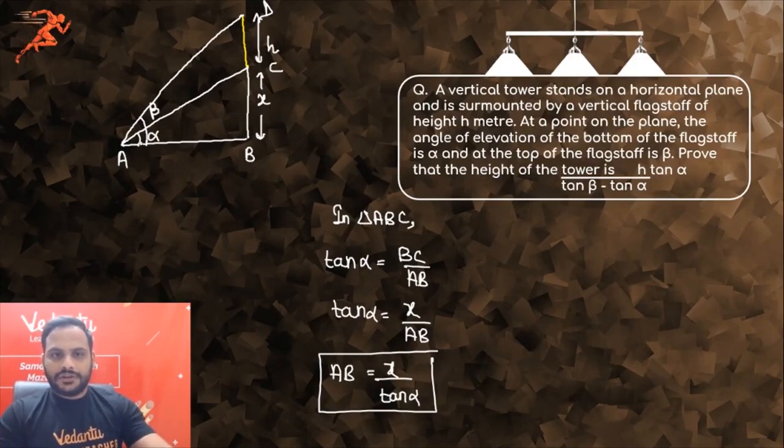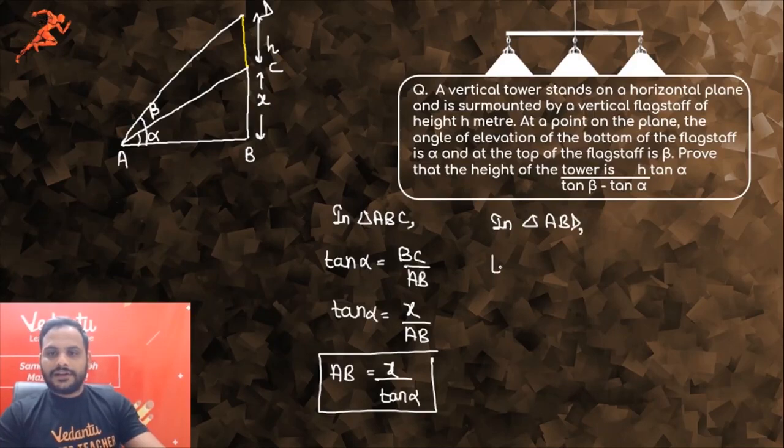Then if I talk about the triangle ABD, in triangle ABD, tan beta will be equal to BD upon AB. Correct?